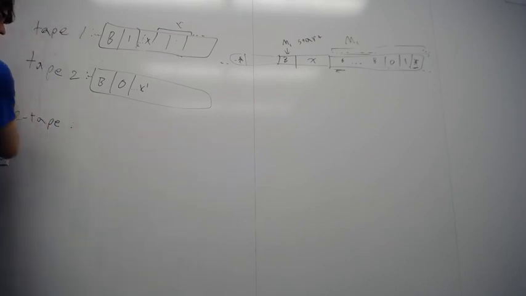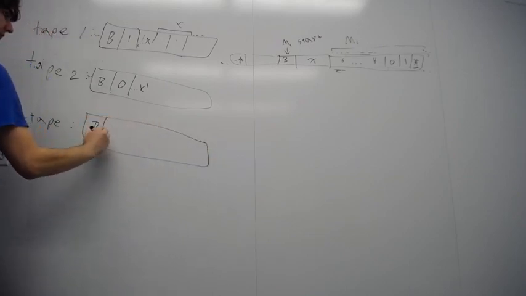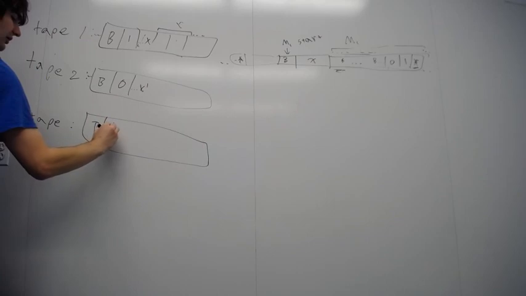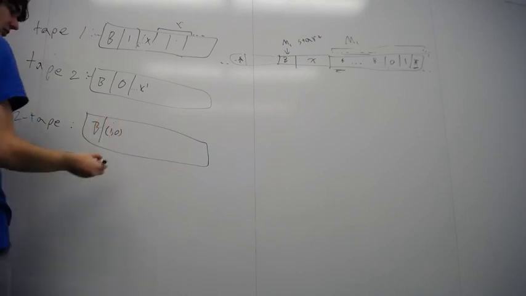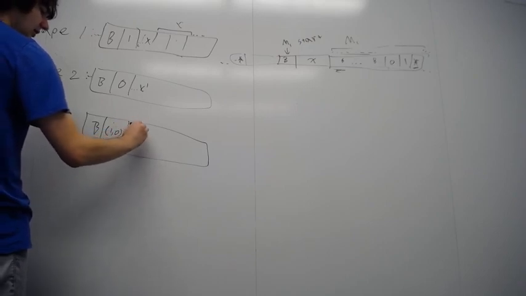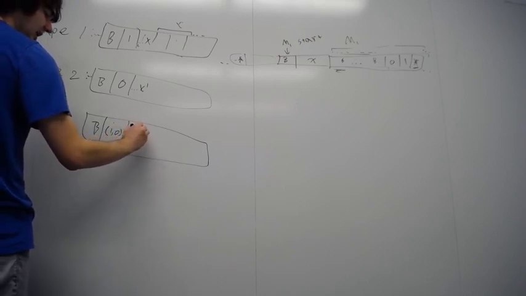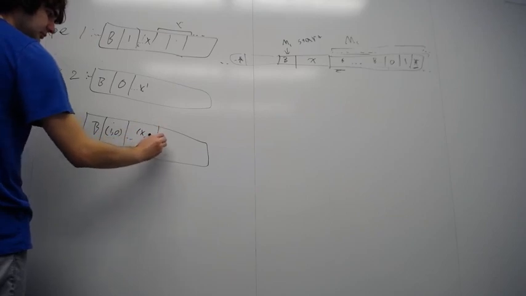There's an ugly tape. Blank here. 1, 0 here, an ordered pair, a pair of elements from x and x prime, right? Something like that.